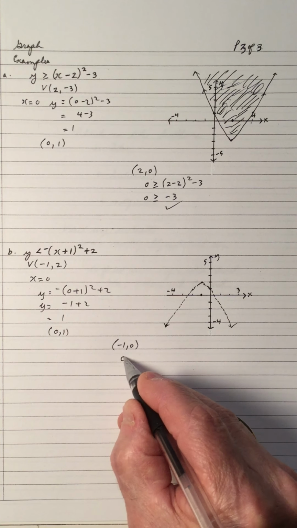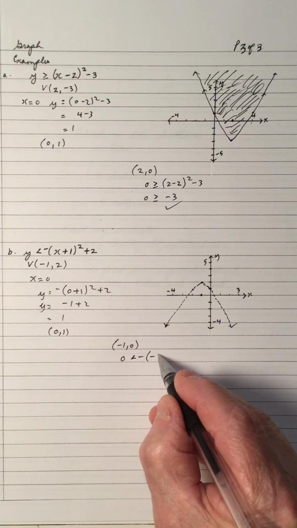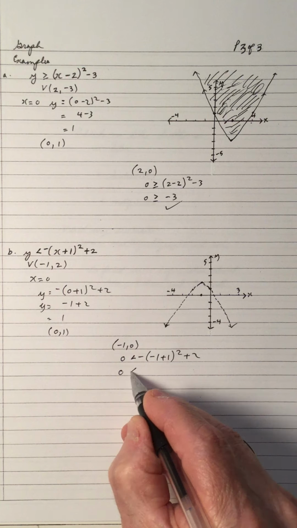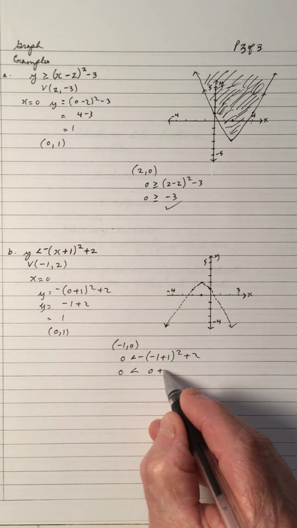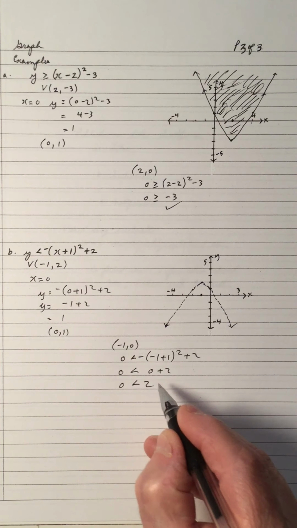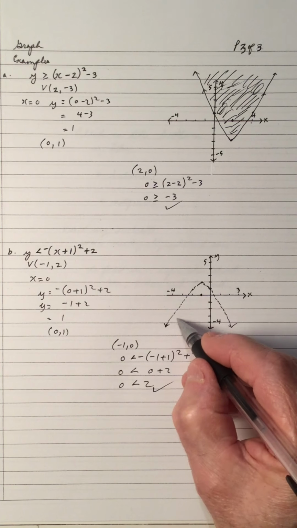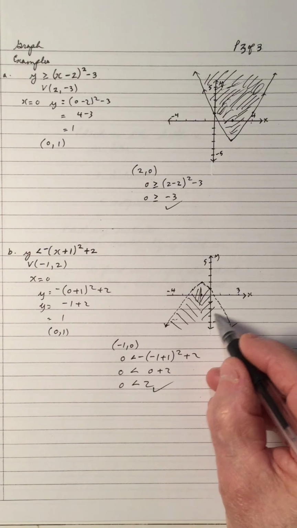So y is 0, x is negative 1. 0 less than, and that's 0 squared, 0, so 0 plus 2. 0 is less than 2, true. So this point makes the inequality true, so that means I shade in here where this point is.